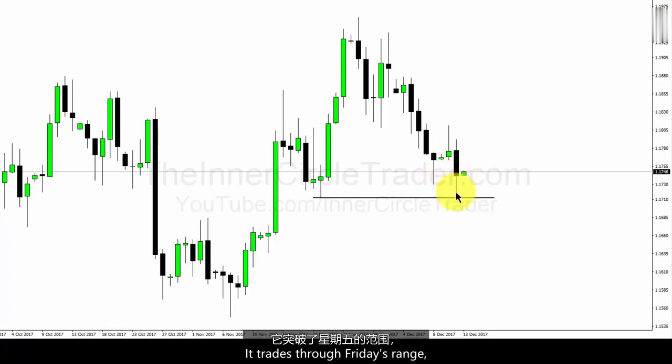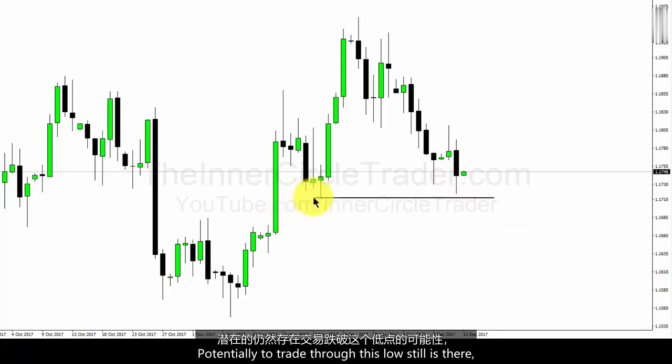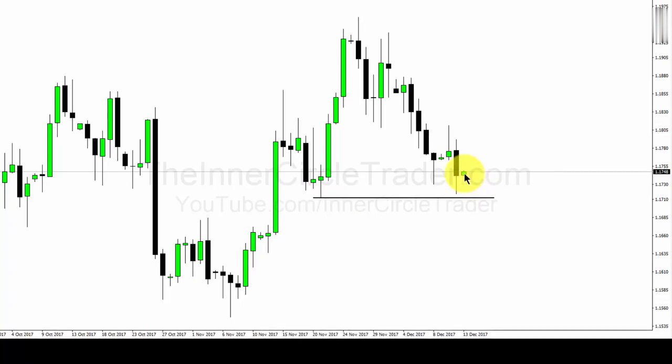It trades through Friday's range, and then ultimately reach for this low here. So we're looking for that scenario here. Potentially to trade through this low still is there. And so the daily bias today on December 12th, 2017 should be a move lower below this low using what I'm teaching you here.